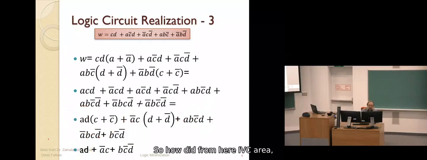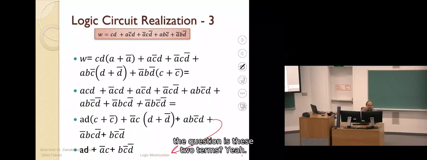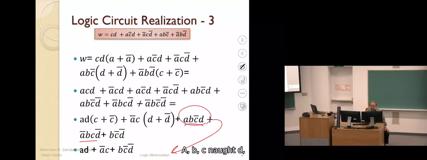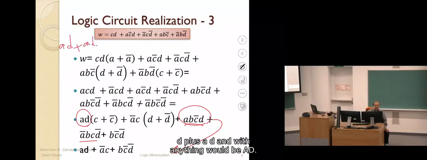So how did I reach from here to here? The question is these 2 terms. The first one is absorbed with this one. This A, B, C naught D, and AD. You know, AD plus AD and with anything would be AD. So this will go with that.